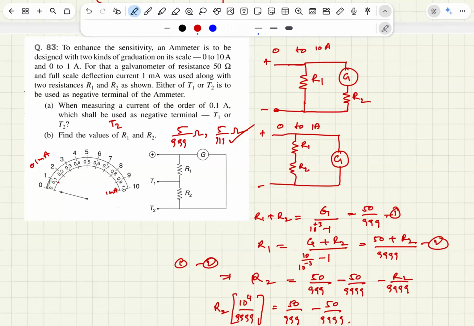If you wish to use it as a sensitive ammeter, you know the working principle of the galvanometer. The galvanometer is shunted like this, not like this. It should be shunted like this.